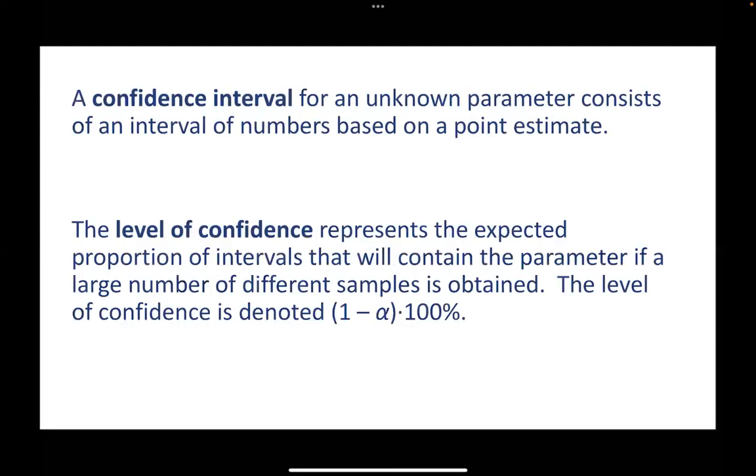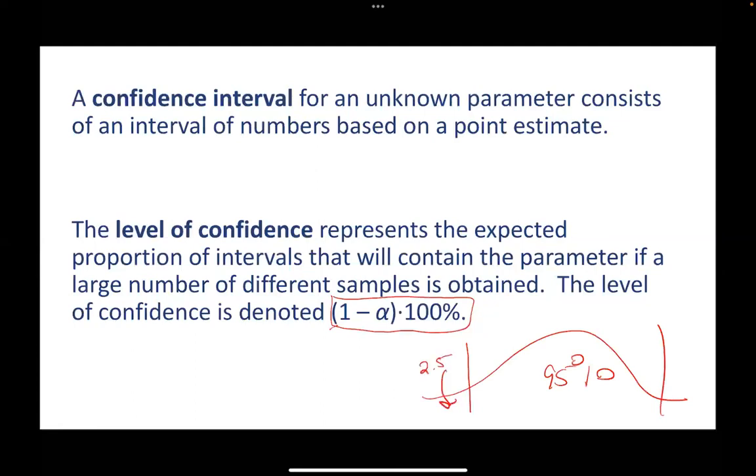Our level of confidence, now this looks really scary right here. This looks really scary, but don't be scared. Basically, our level of confidence is like 95% could be our level of confidence, or 98%. But when we are doing a 95% confidence interval, it is the middle 95%. So if 95% is here, then 2.5% is here, and 2.5% is here. So we're basically looking for the z-scores that are at the top and the bottom of that interval.